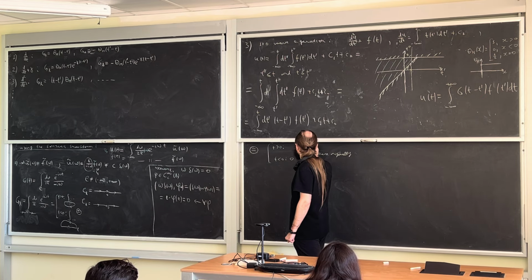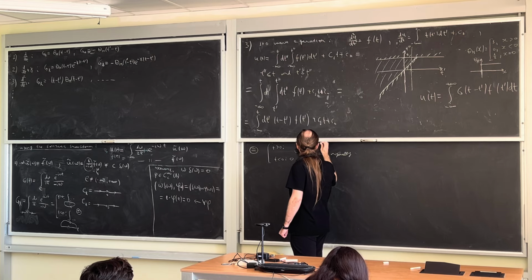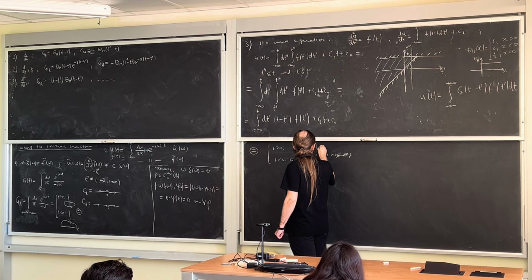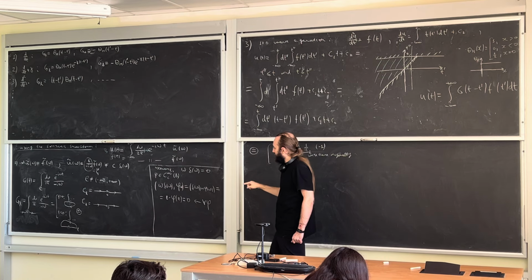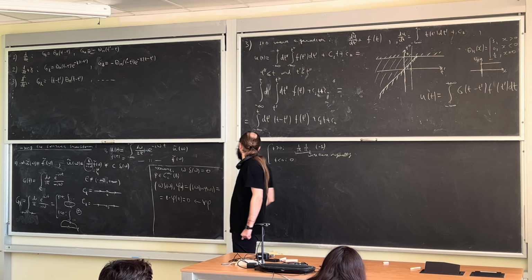Then we have a factor minus 1 because the contour goes clockwise around the pole.